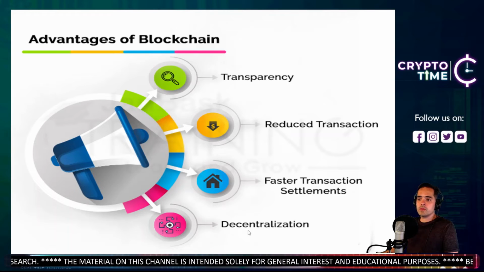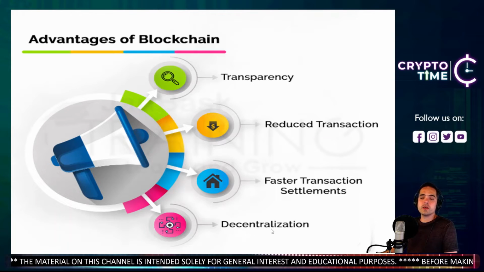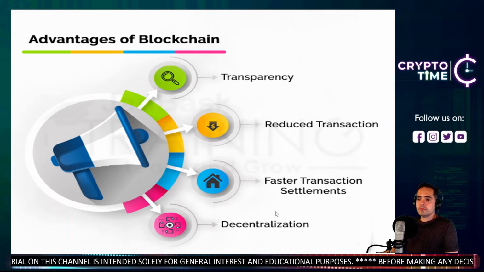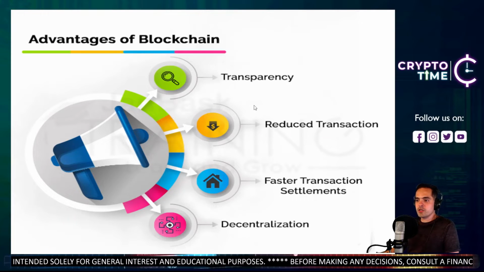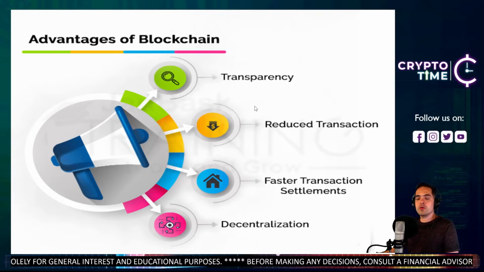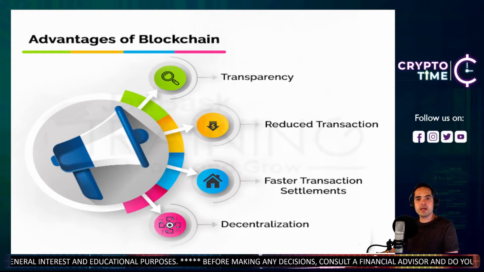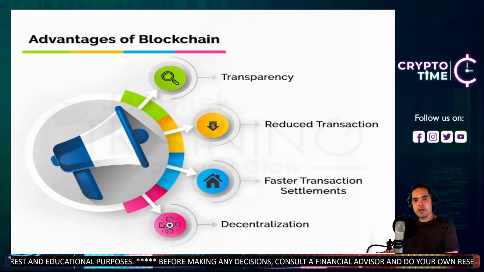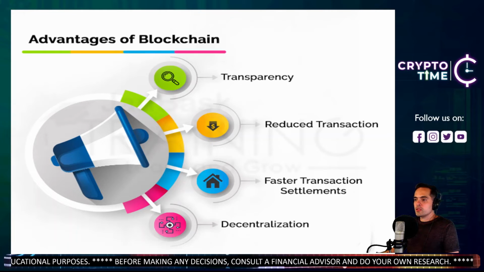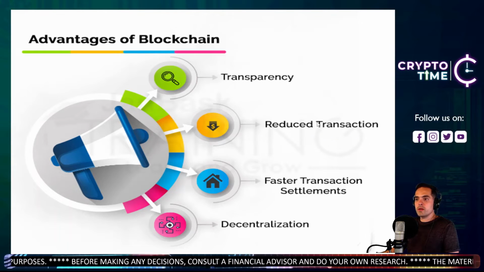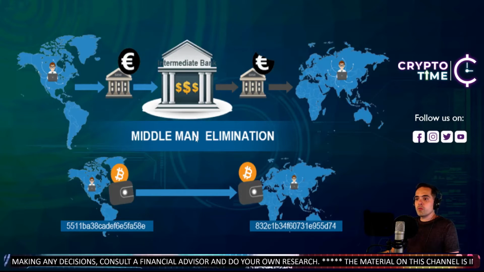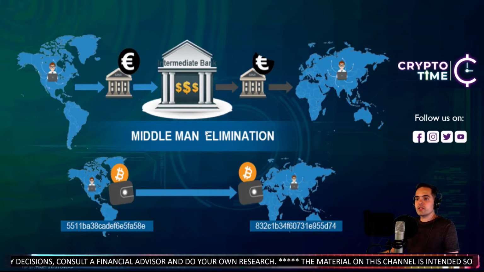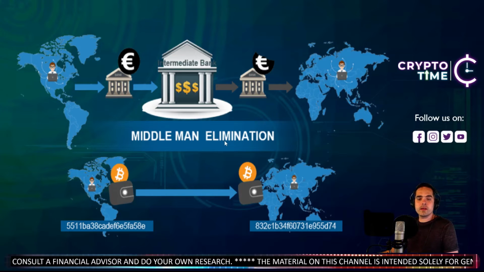And again, it's decentralized. So, in the case of a public blockchain, we can see all the transactions. It's public, so it's good to be that way. Nobody controls it. Another advantage is we cut the middleman.